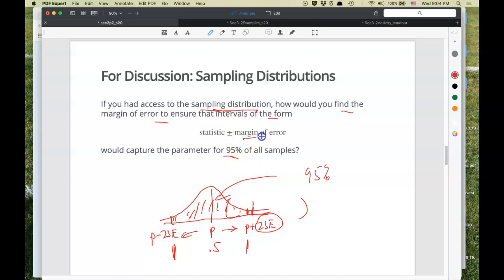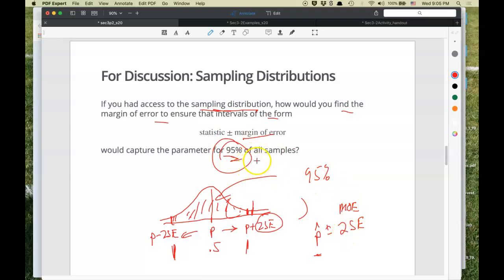So what this is saying is, at least for the 95%, we have a recipe, which is to take p hat and we add and subtract 2 standard errors. So the p would be, if we knew what the true proportion is, we don't in practice, so we take our statistic and we add and subtract 2 standard errors either side. So the margin of error for 95% is 2 standard errors.